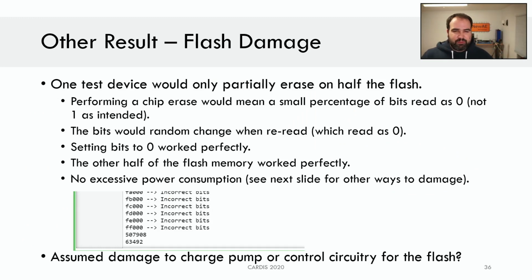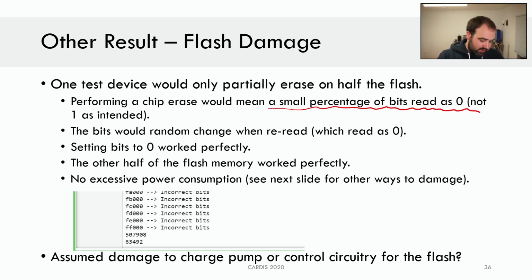We also saw some sort of physical damage. One device in particular was pretty interesting, because a small percentage of the bits would always read as 0 if you performed a chip erase. So if you chip erased everything to 1, a small percentage of them would read as 0, and it would vary every time you did the read. But it only happened on half of the flash. The other half worked perfectly.